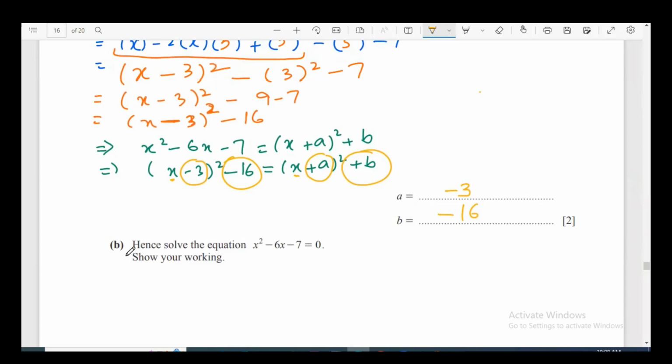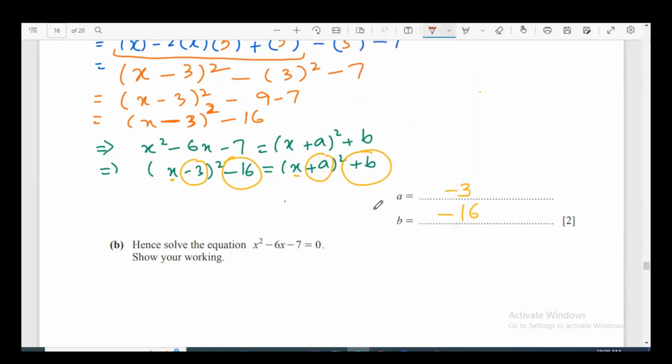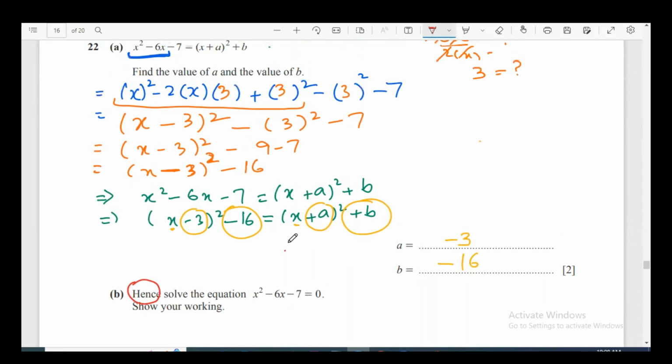Part B. In part B, hence solve. Hence means we have to use the result from part A. The result of part A is minus 3 and minus 16, the values of a and b, and (x minus 3) square minus 16, which is equal to x square minus 6x minus 7.